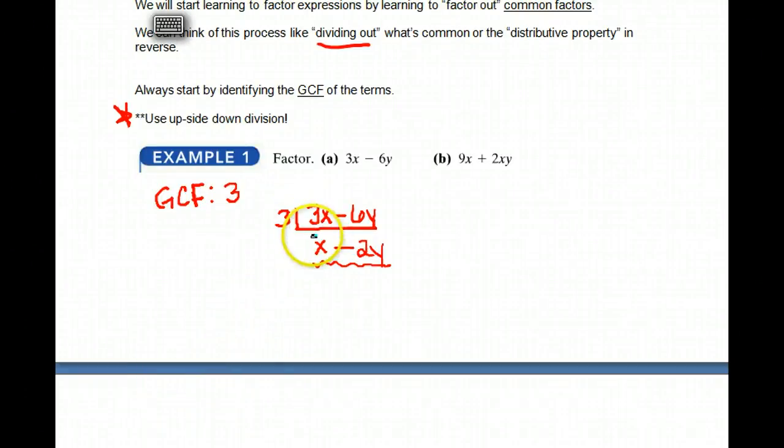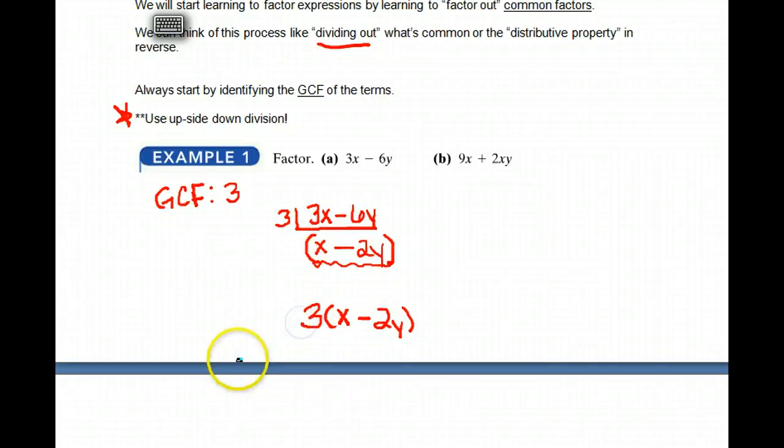So what you do is you take what you have remaining on the bottom, and that's going to be the main expression that gets plopped into the parentheses. So I'm going to go ahead and write it down here inside parentheses. And the number that we factored out, that GCF, gets written in front of those parentheses.